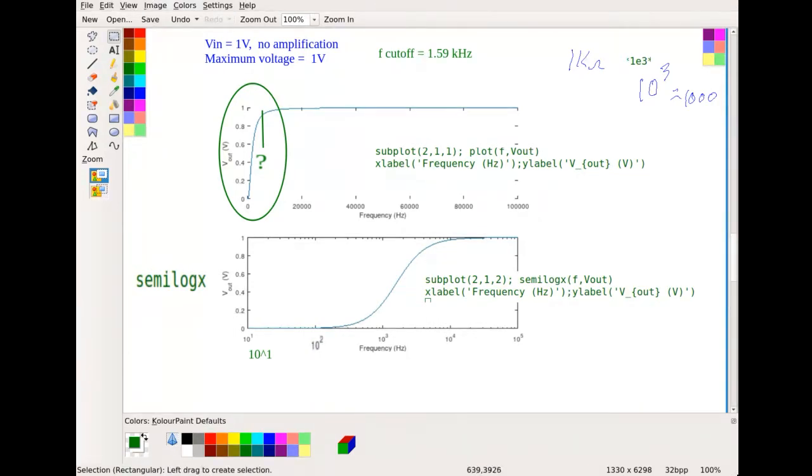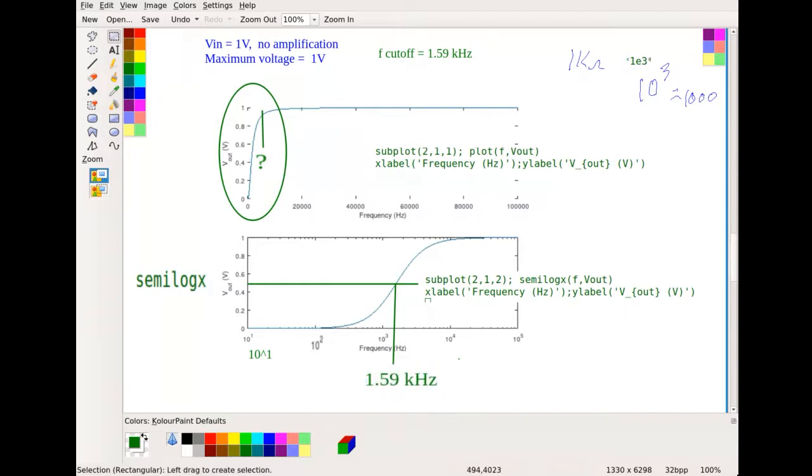So now what we're getting here is right here at 1.5. Here's half power. So this right here is this cutoff frequency.